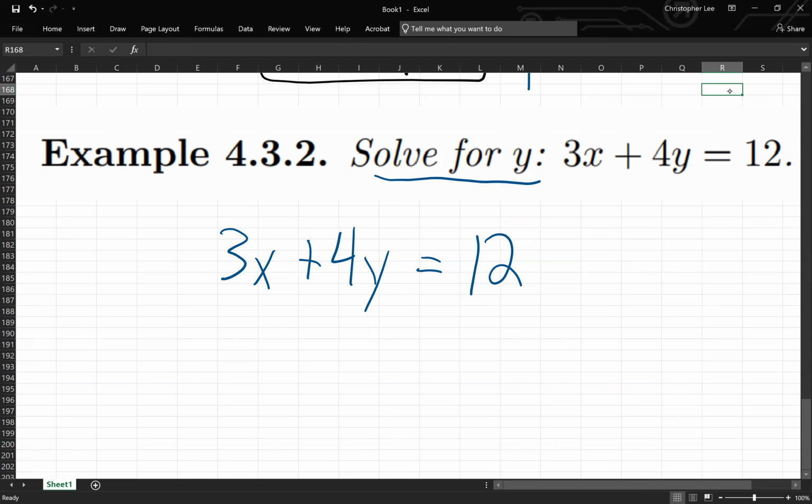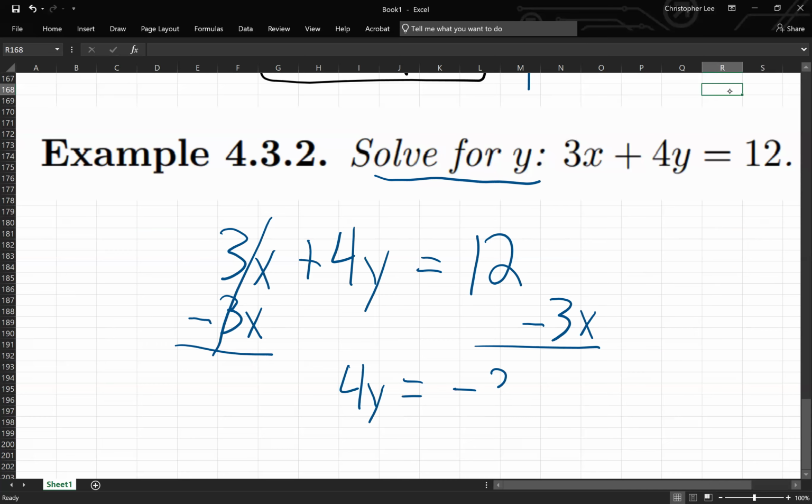I want the y by itself. So whatever it is that you're solving for, that's what you're not going to touch. You want to touch everything else around it, right? So you're right. Subtract the 3x first. But what you do to one side of the equation, you have to do to the other side of the equation. Subtract 3x. So now you have 4y is equal to negative 3x plus 12.